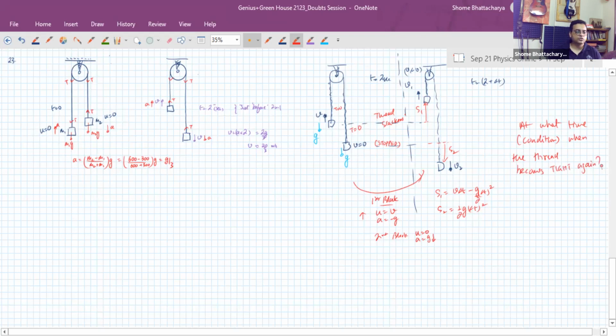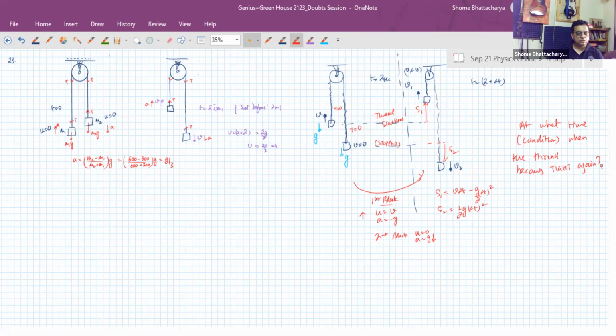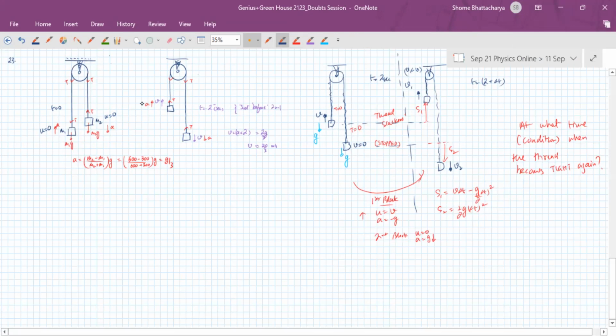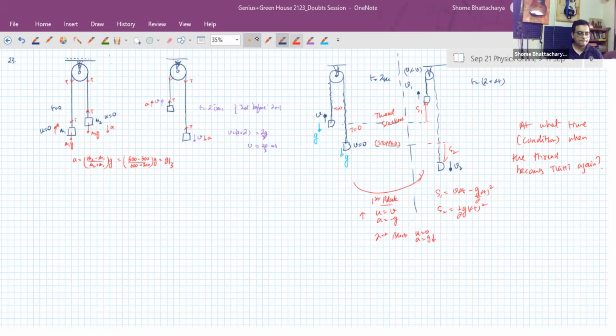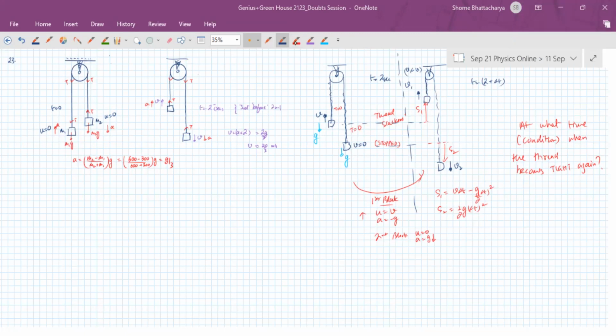Can you tell me what is the condition for the thread to become tight again? Anyone? Okay, I'll give you a hint.